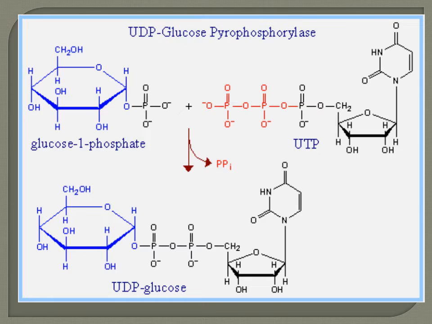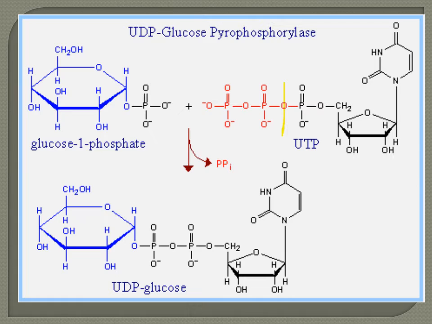So let me continue with the glycogen synthesis, where in the second step, UDP-glucose is synthesized, which we call the activation of glucose, where glucose 1-phosphate formed in the previous step is activated to form UDP-glucose by utilizing the high energy bonds of UTP.